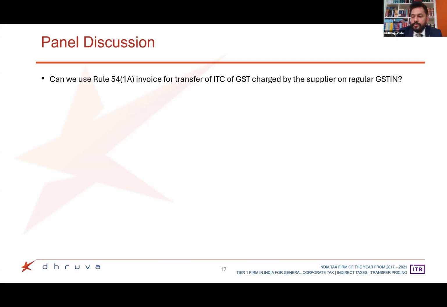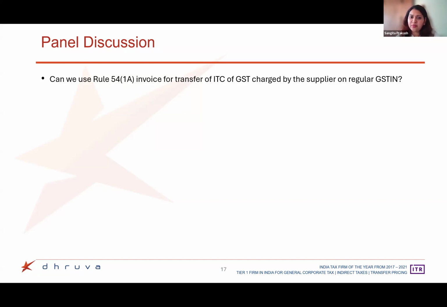Is that possible? The intent of this credit transfer mechanism under 54(1)(a) was very clear. It was because when ISD got introduced, there was no mechanism to make RCM payments. And I think that this has been pretty clear. However, because the law did not restrict you, the wordings of 54(1)(a) did not restrict you in using this credit transfer mechanism for even non-RCM cases.